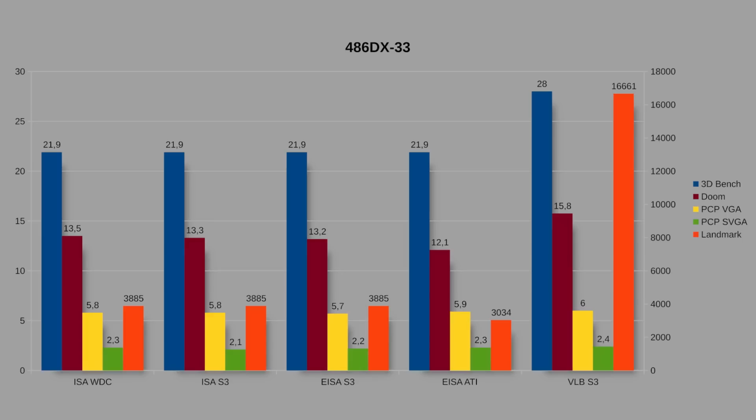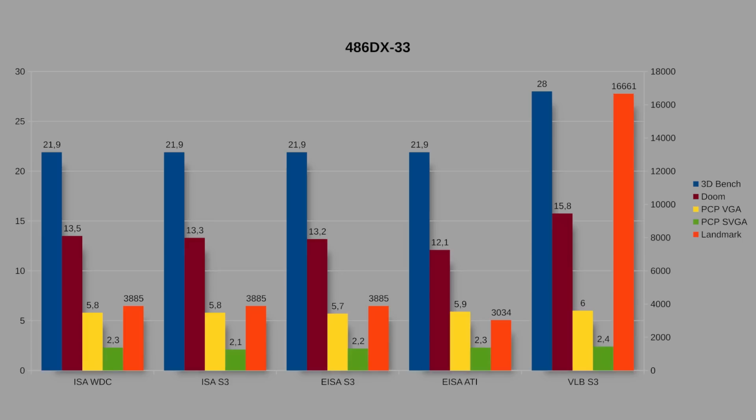Interesting values, because the ISA bus runs at around 8 MHz, whereas VLB runs at the full frontside bus clock of 33 MHz. That is about 4 times the clock. In the PC Player benchmark, all cards delivered nearly the same performance at the same resolutions. In VGA, I got values between 5.7 and 6 FPS.